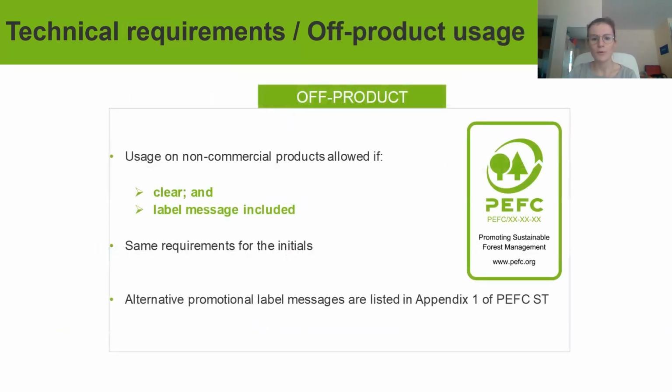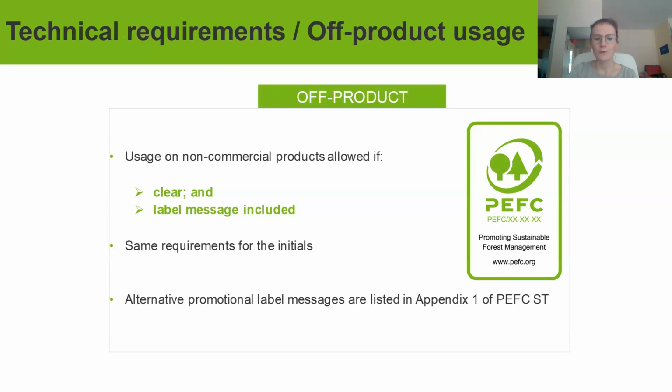Regarding off-product usage, the off-product label can be used if it's clear what it refers to and if the label message is included together with the logo. The requirements for the initials for promotional usage are the same.